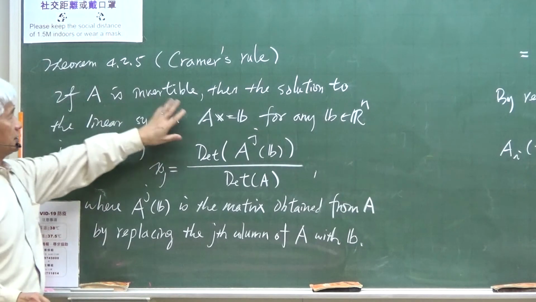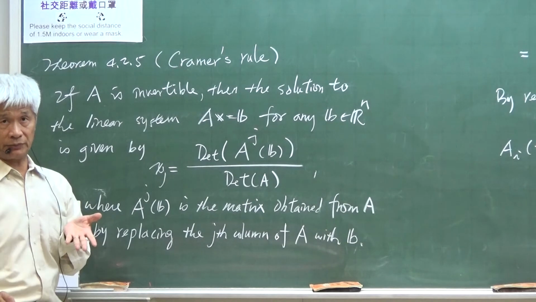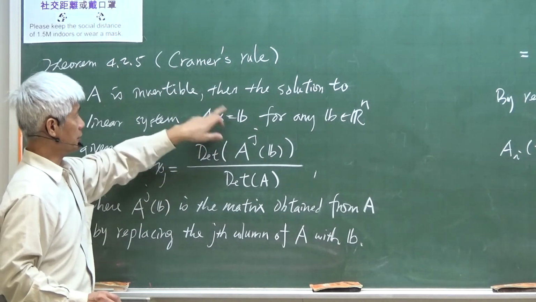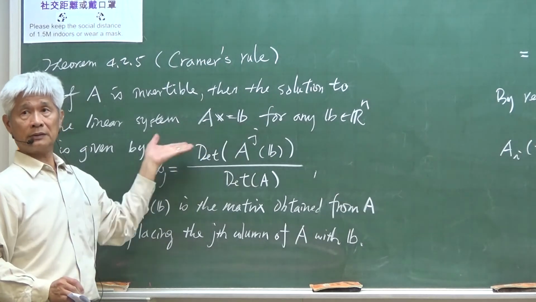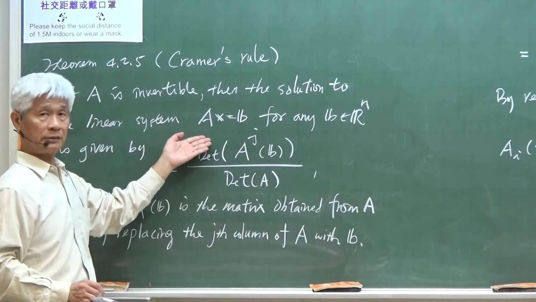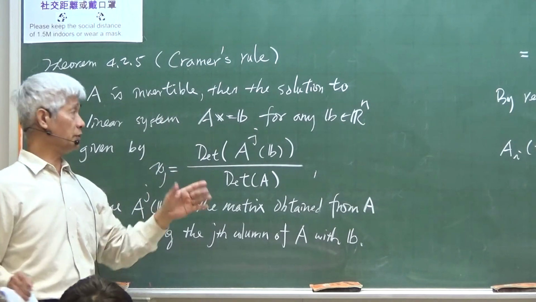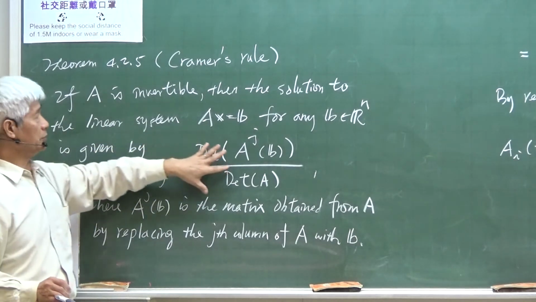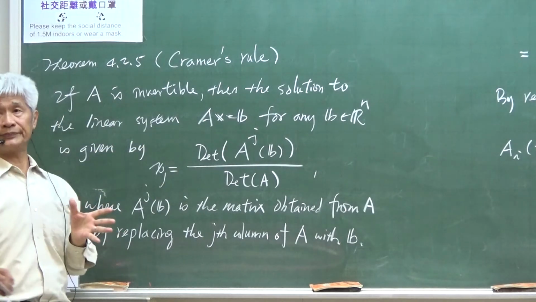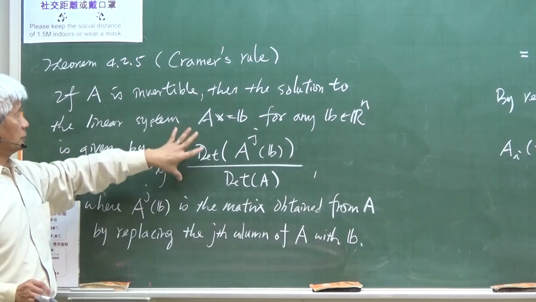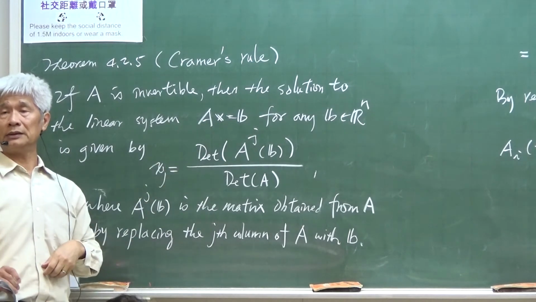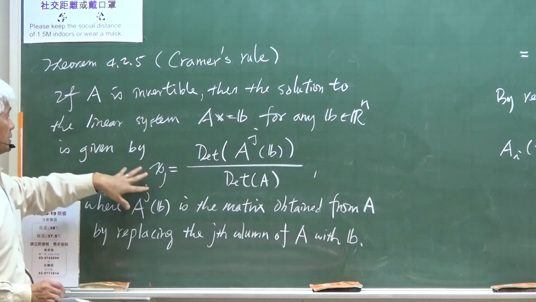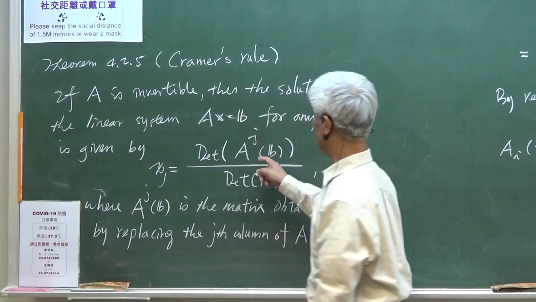So we know if A is invertible, then this linear system has a unique solution. We know that. Alright? So the solution X is A inverse multiplied by B. But you have to find the inverse of A before you can find the solution. But Cramer's rule gives you a solution without finding the inverse matrix of A. And so the expression is a ratio.